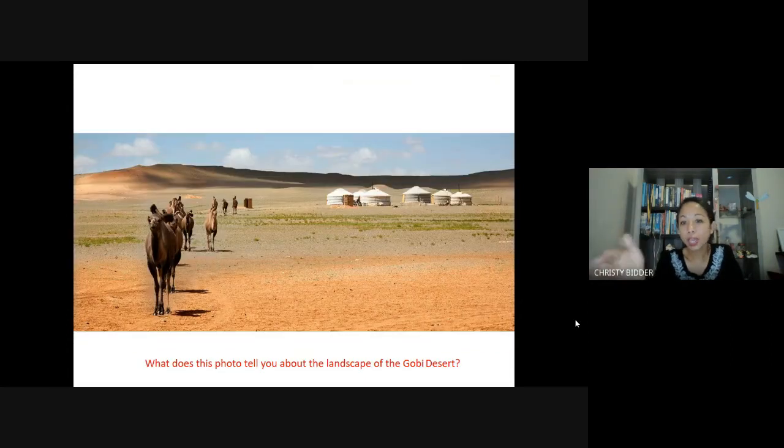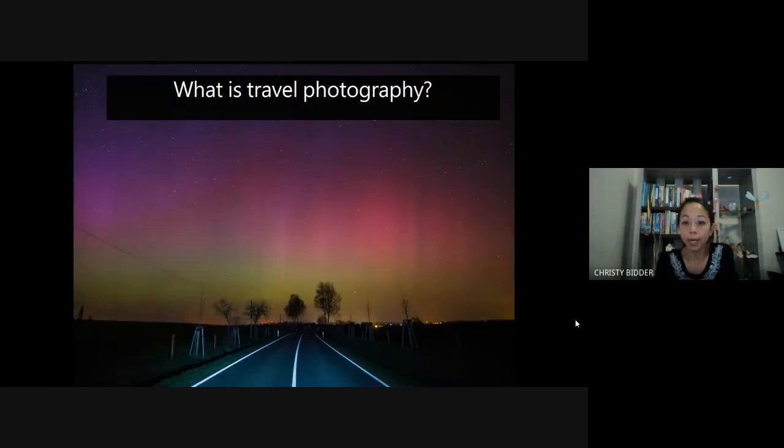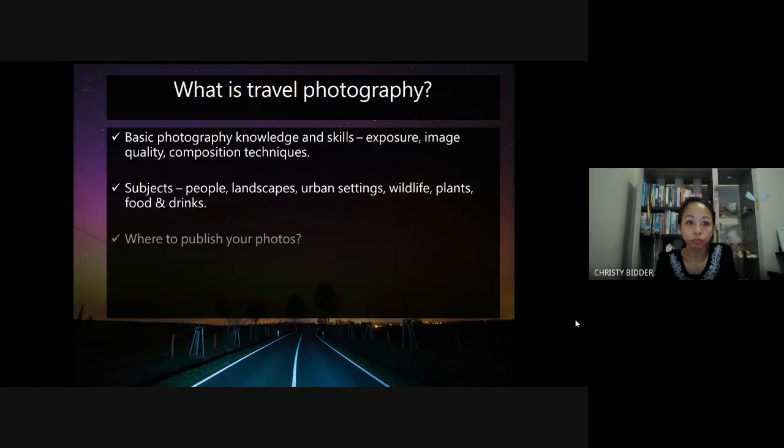Or looking at this travel image, what impressions do you get of the landscape and the culture of the Gobi Desert? Describe, ladies and gentlemen. We will talk more about travel photography in topic three, like the things that you can see on the slide. So I will not say much for now.